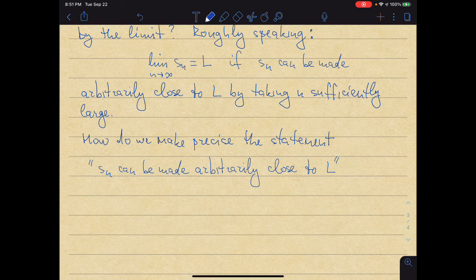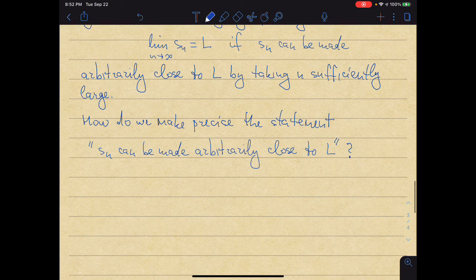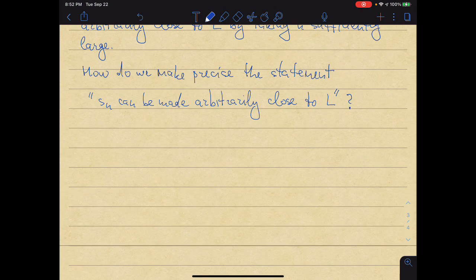Well, what is Sn? Sn is a number, right? L is a number. If I'm saying that Sn is close to L, that is a statement about the distance between Sn and L. So then this statement I can rephrase in the following way.